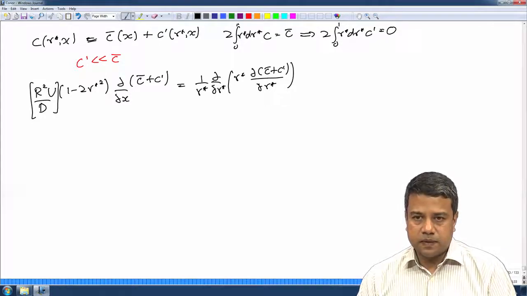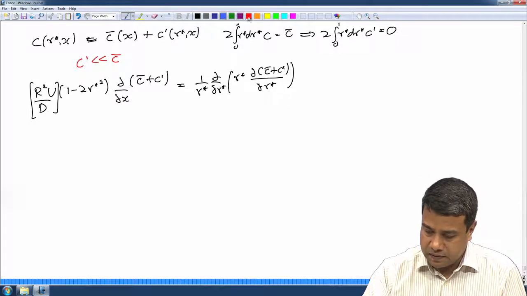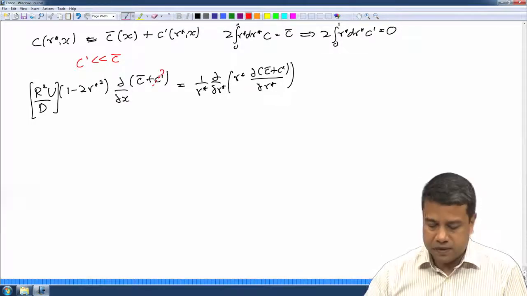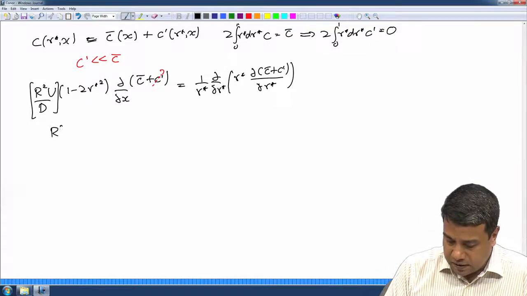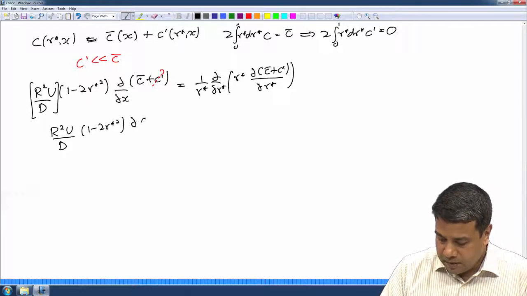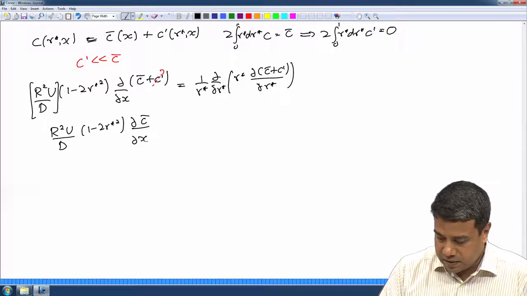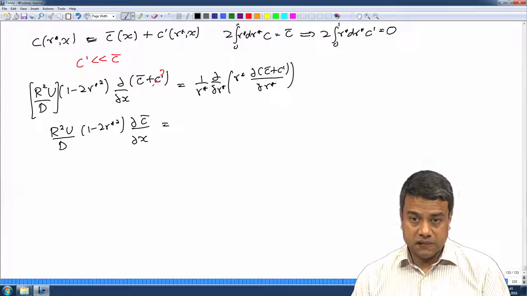In the first term here, C prime is much smaller than the average value. Therefore, I can neglect C prime with respect to the average value. So, on the left side I will get r square u by d, partial C bar by partial x. On the right side, C bar is an average concentration.